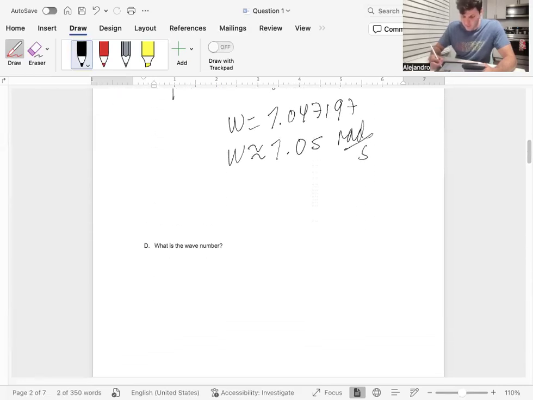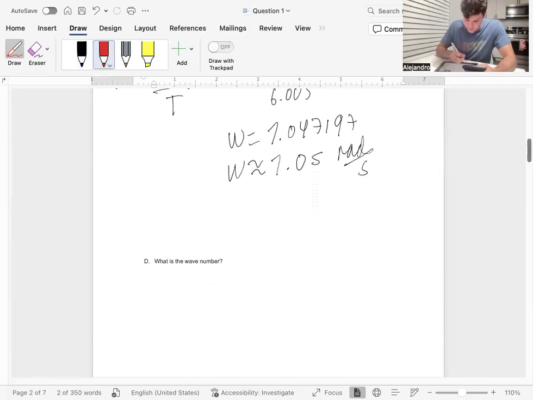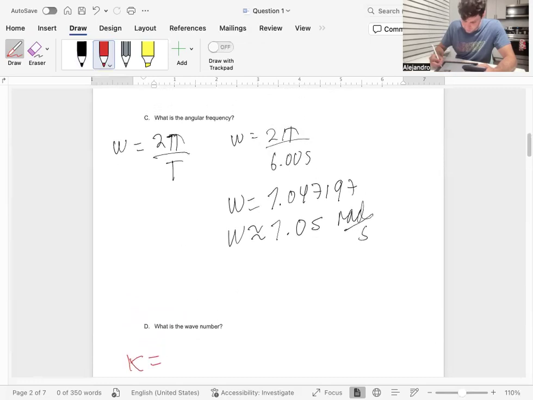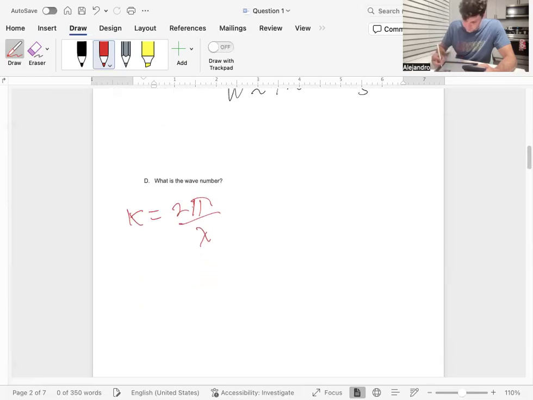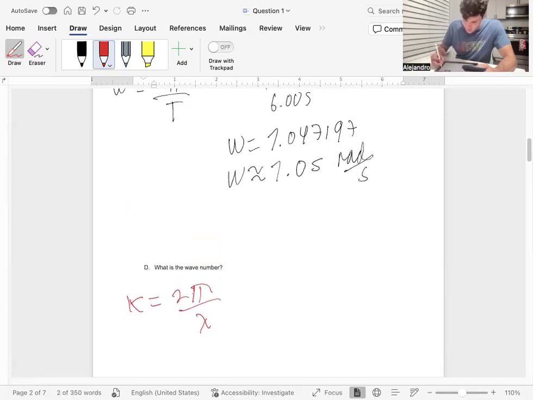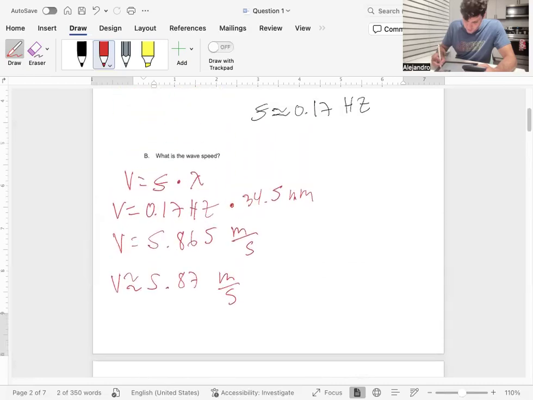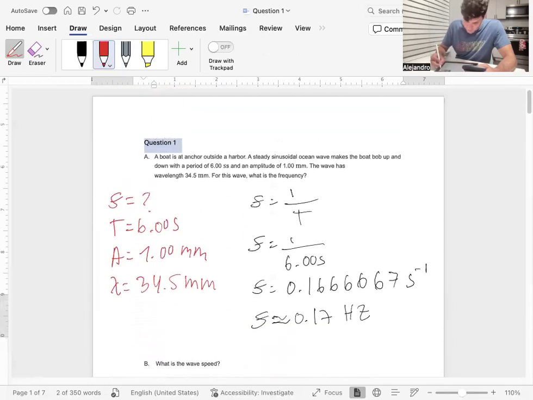What is the wave number? Wave number is given by the formula k equal to 2π over wavelength. Do we have wavelength? Yes, we do.